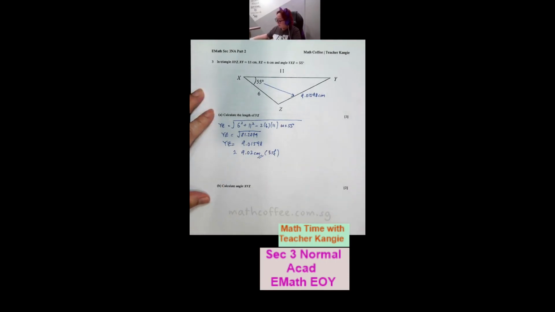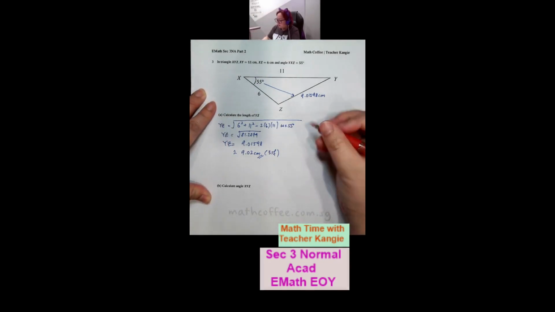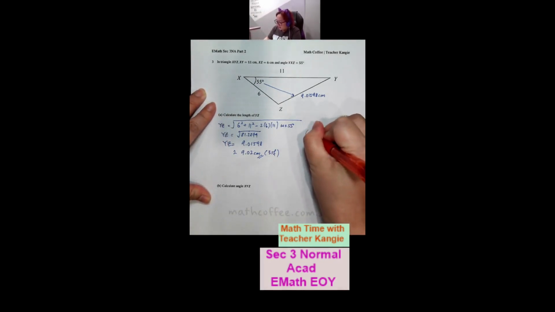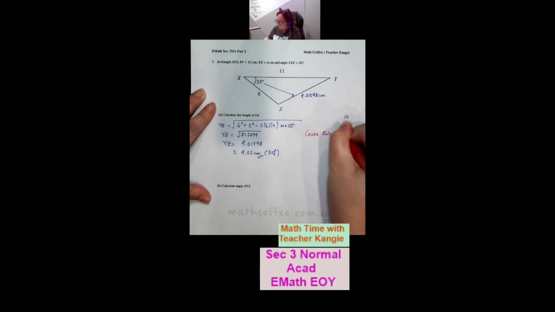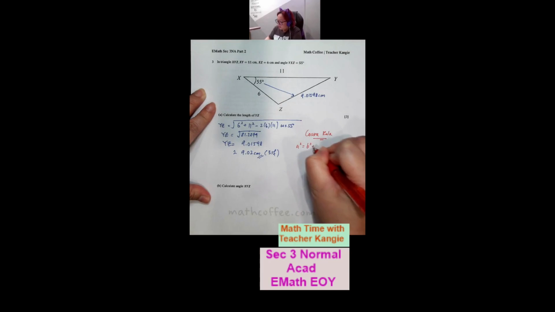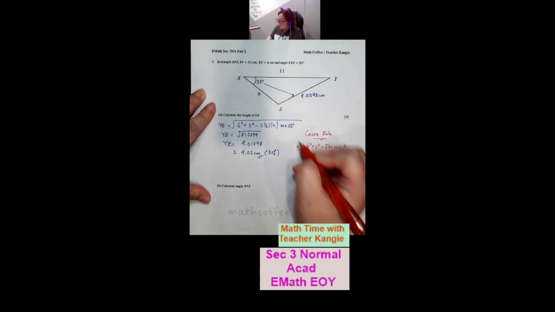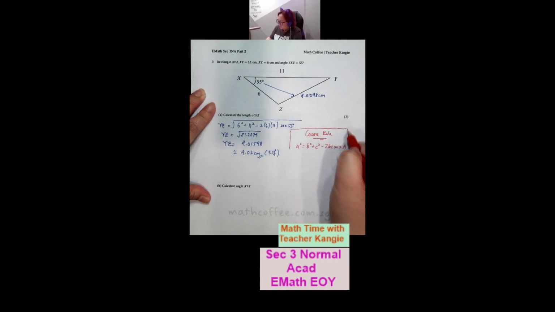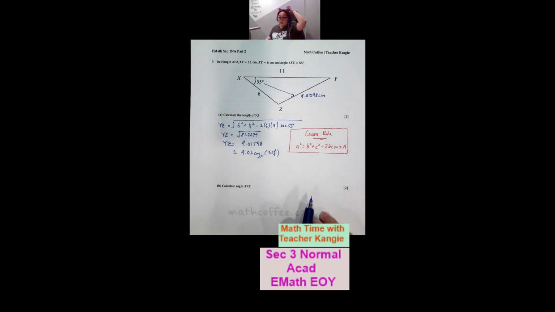Wait, I go and find my red pen. Okay. The formula is cosine rule. A square is equals to B square plus C square minus 2BC cosine A. So this is the cosine rule formula.